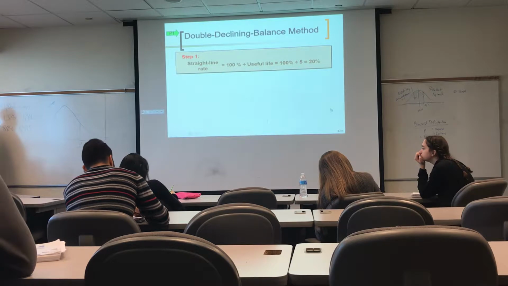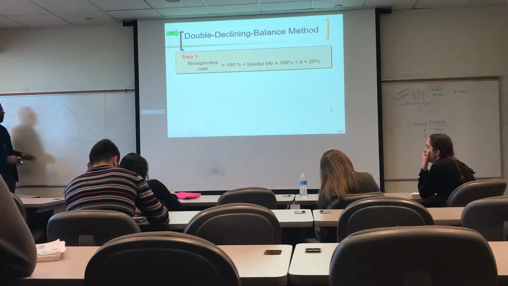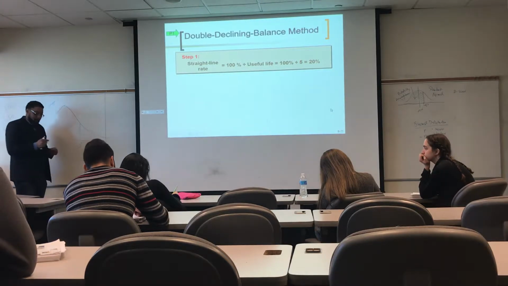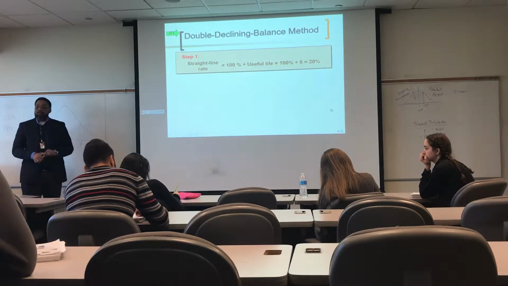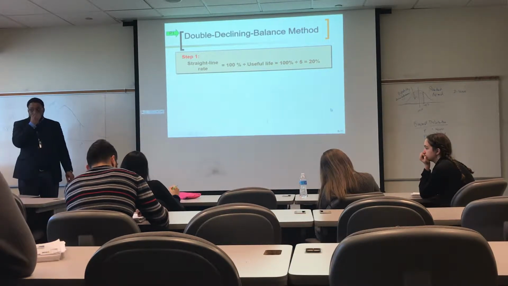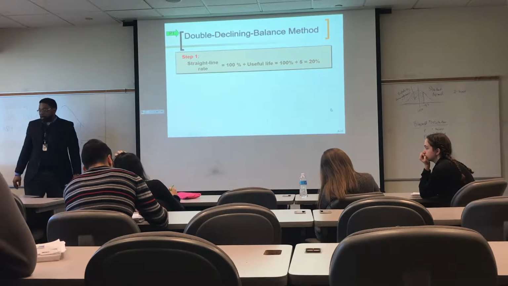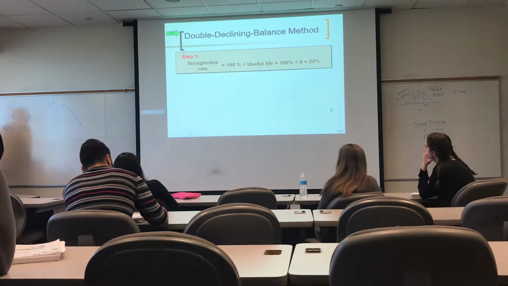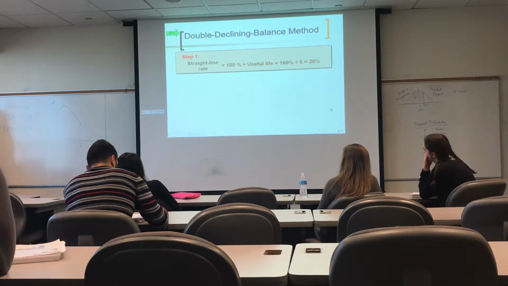You with me? So most of your usage is front loaded, so therefore you want to take out your depreciation early, if that would best represent what's going on in your company. So that's why you would use something accelerated like double declining.